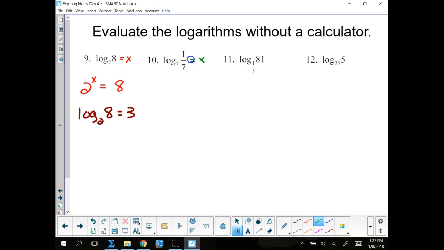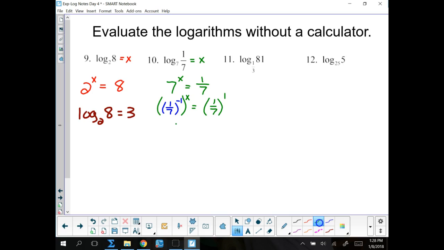You try those next 3. So if I put this equal to x, what exponent do I have to put on 7 to get me 1/7? -1. Yep. If I were to write this as 1/7, if I reciprocate that, that gives me a -1 power there. 1/7 to the x equals 1/7 to the first.